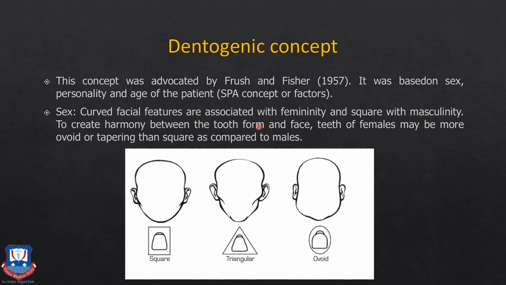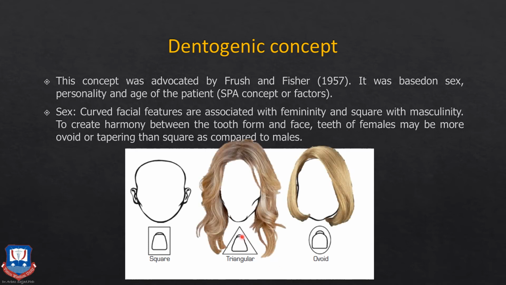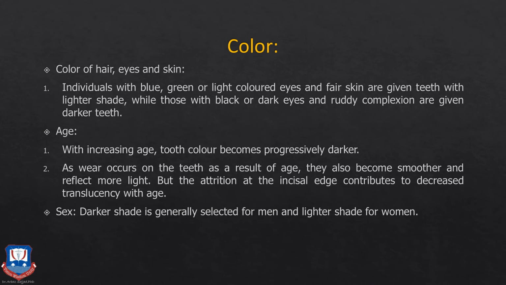So to create harmony between the tooth form and the face, females will generally have a tapering and ovoid tooth mold selection, based on femininity, and males will generally have a square-shaped tooth mold selection to display masculinity.